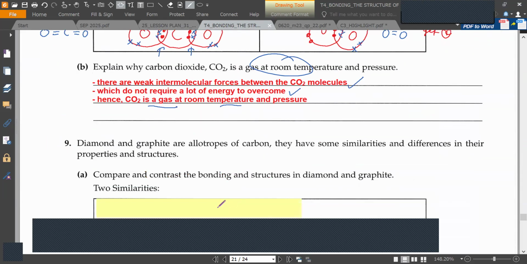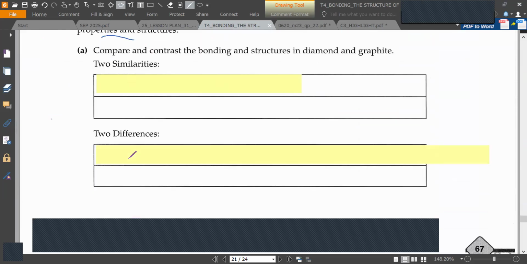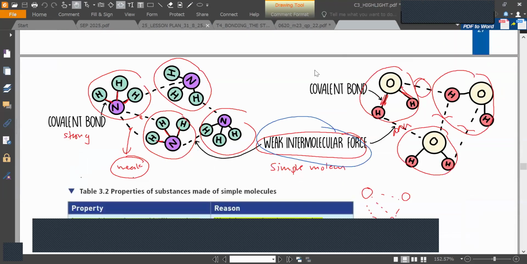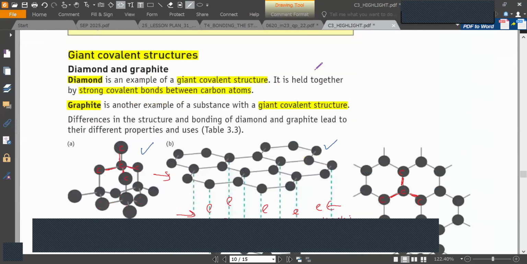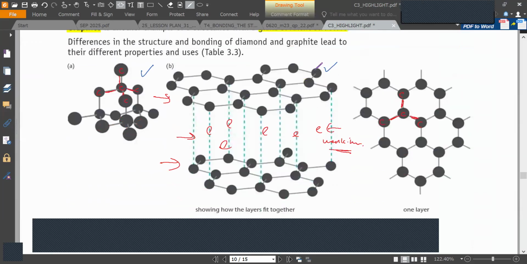Next. Diamond and graphite are allotropes of carbon, one type of carbon. They have similarities and differences in the properties and structure. Compare the bonding and structure.